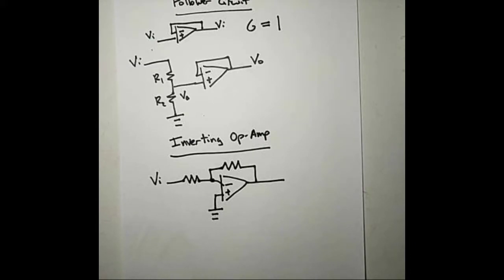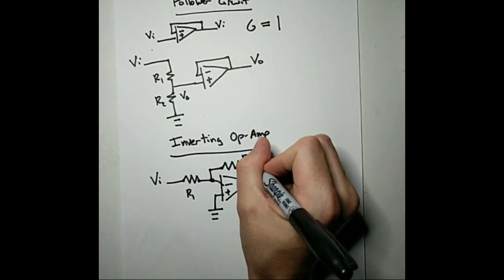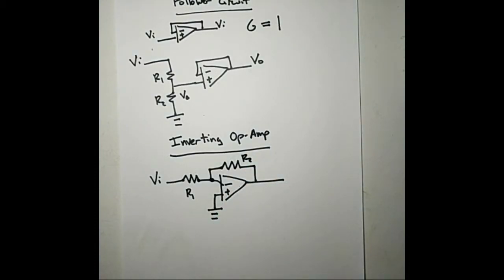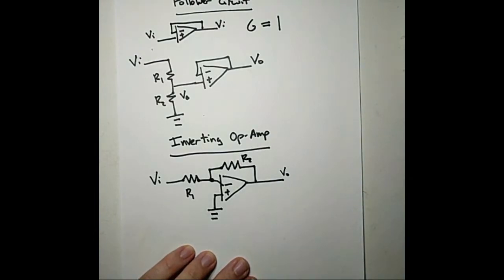So we've got two resistors here. We're going to call this one R1 and this one R2. And then we'll call the output V out.